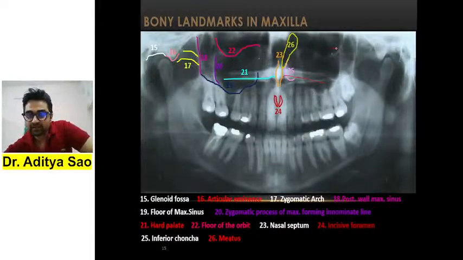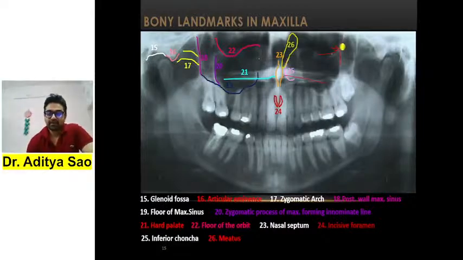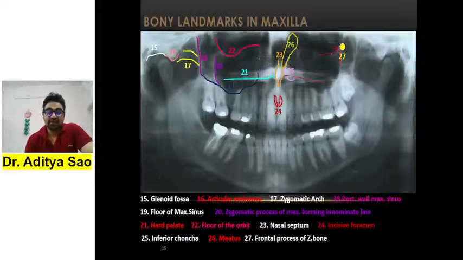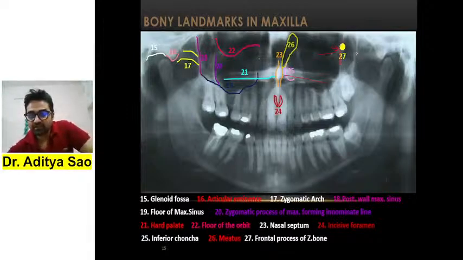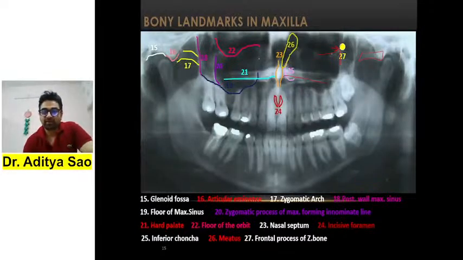This area, where the orbital floor and the innominate line meet, is the frontal process of the zygomatic bone, not the arch, bone. This is your arch, and this is the zygomatic bone, frontal process. This is your pterygomaxillary fissure.